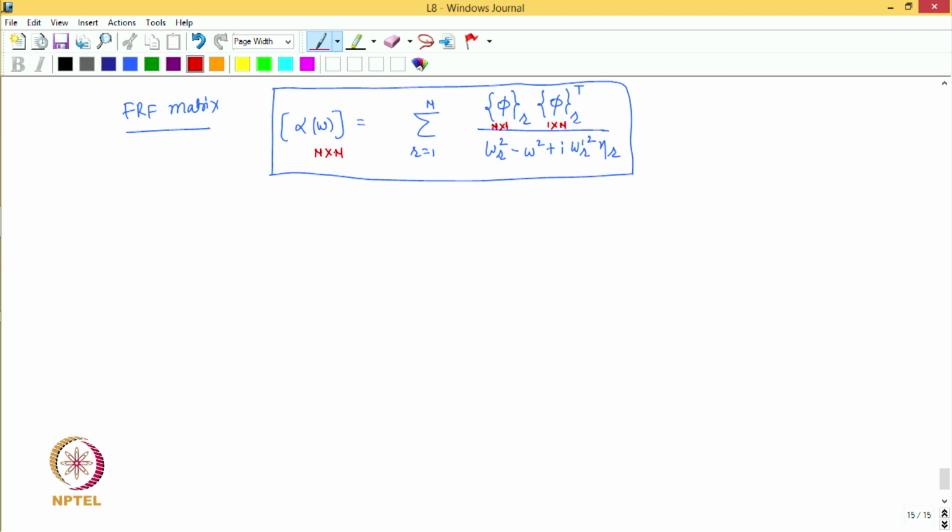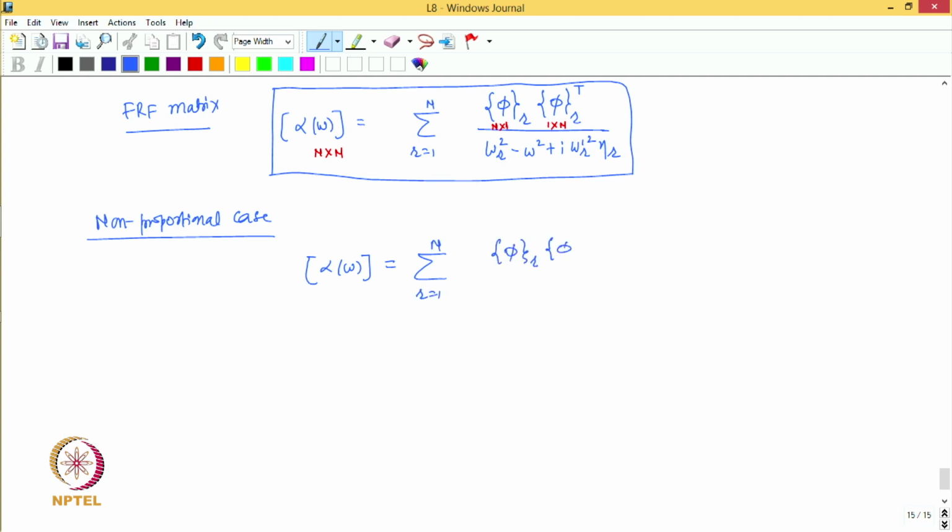Now, for the non-proportional case, we can easily write down the FRF matrix. We have to just replace omega r with omega r dash, and phi r would be complex, that is the only difference.